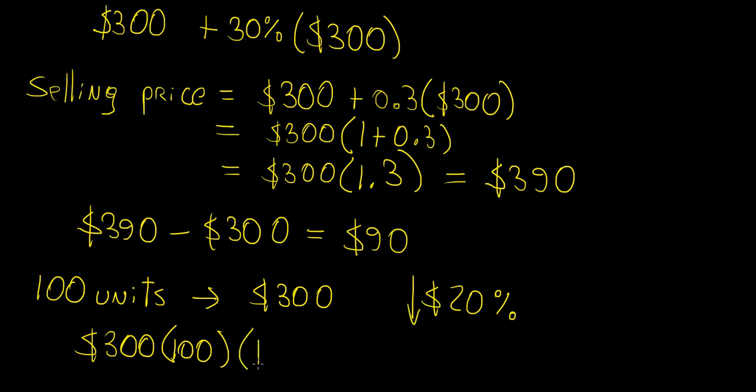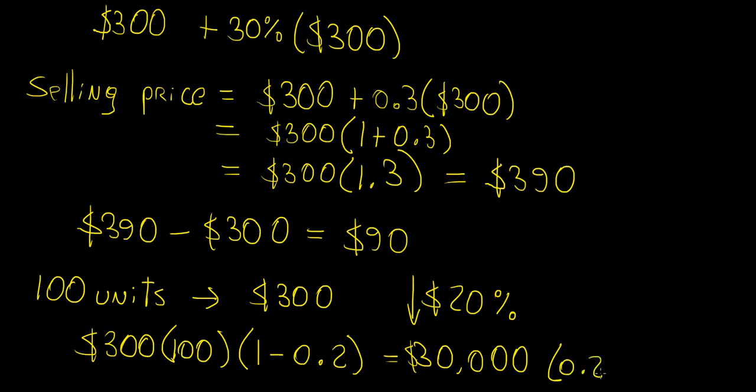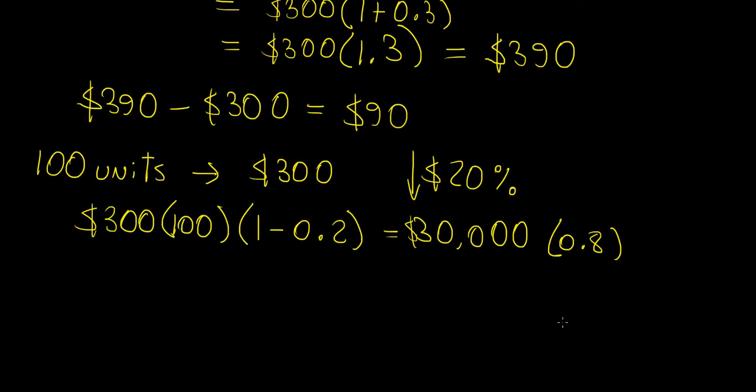That means you're going to have 1 minus 0.2, so you discount the price, which is equal to 30,000 times 0.8, and this comes down to $24,000.